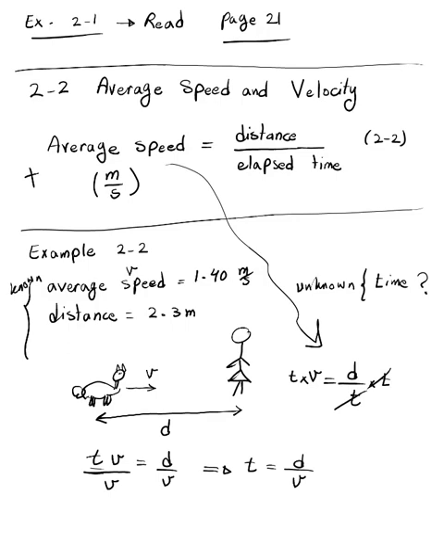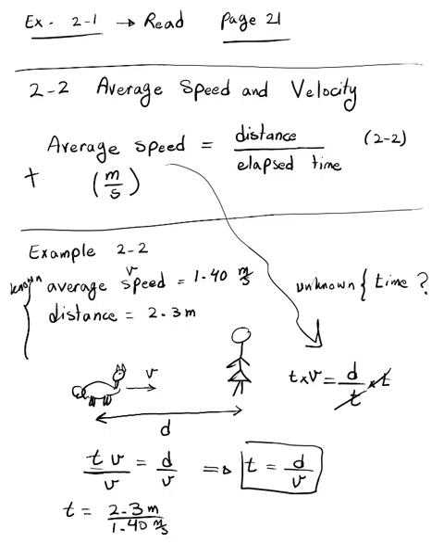Now that I have a proper equation, I can go ahead and replace the numerical values. So the time is going to be the distance, which is 2.3 meters, divided by the average speed, which is 1.40 meters per second.